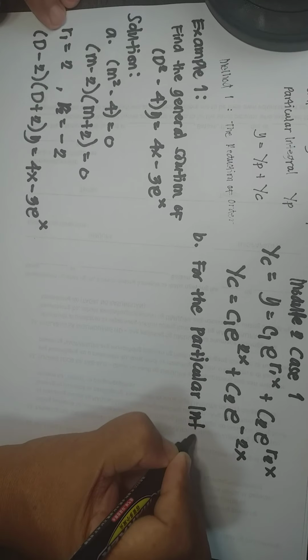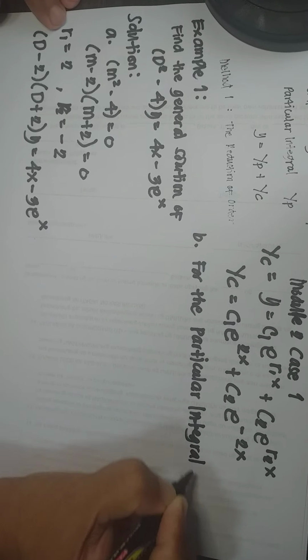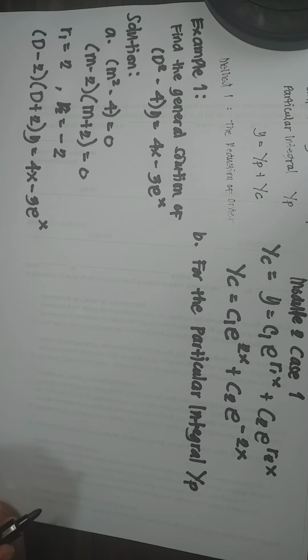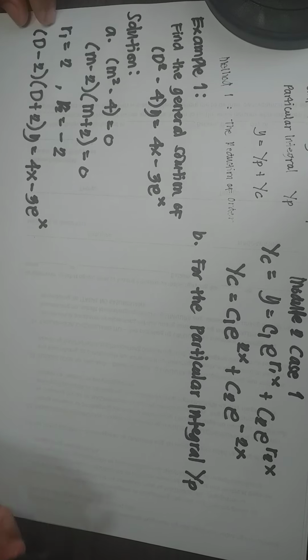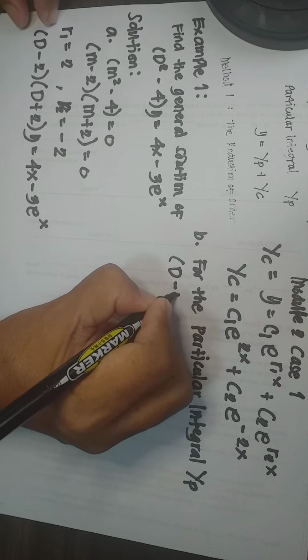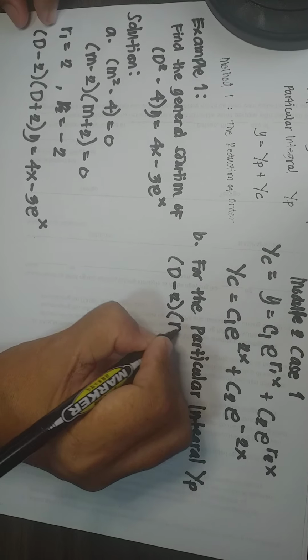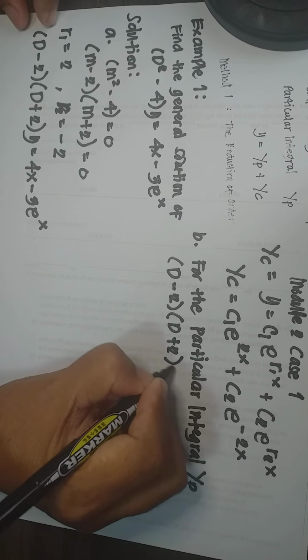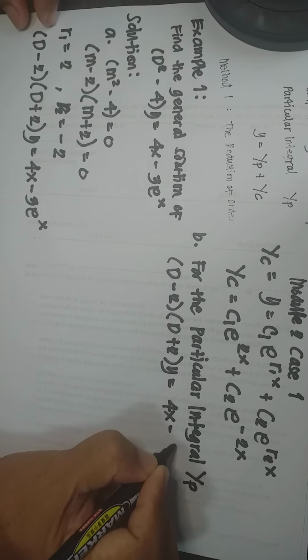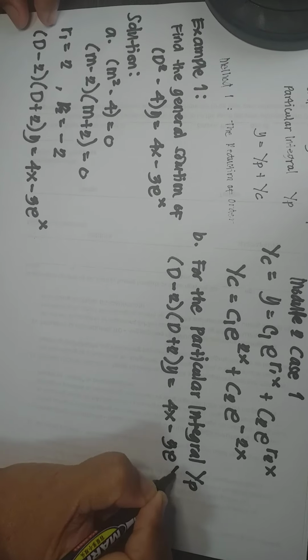On the particular integral yp, we have to rewrite this equation. We have D minus 2 times D plus 2 y is equal to 4x minus 3e to the x.